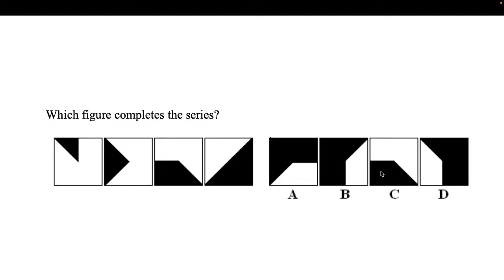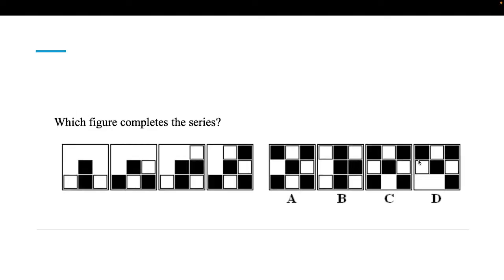So out of these ones, this is the only one that seems to be facing to the right. Okay, so that's why it's the one that we take for the completion of this series. The other ones are facing the other way around.